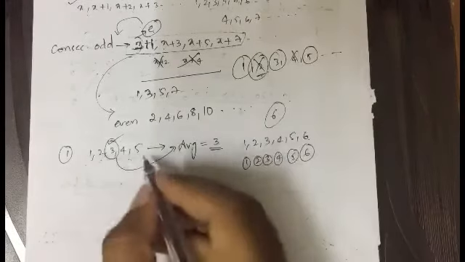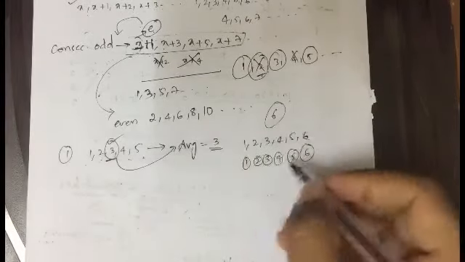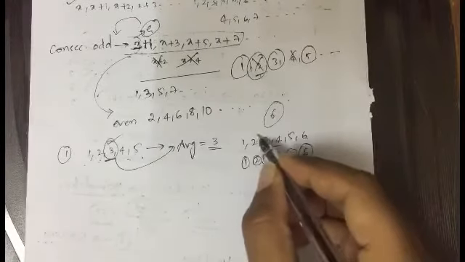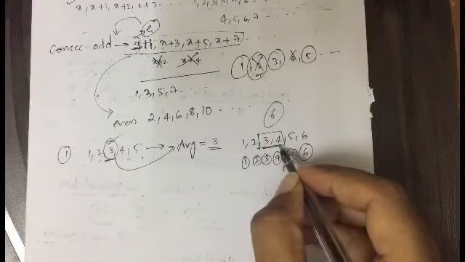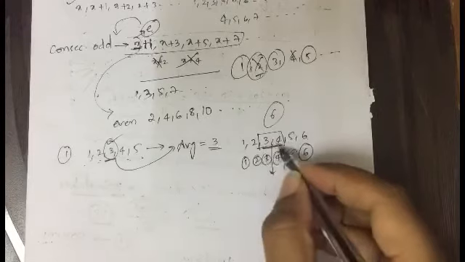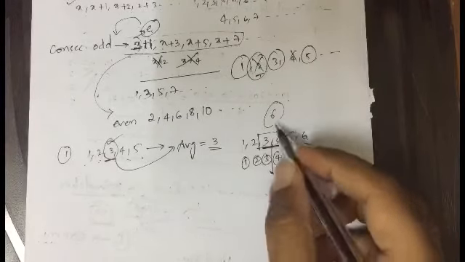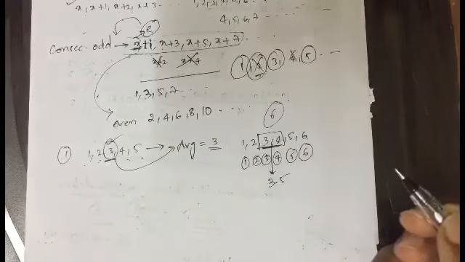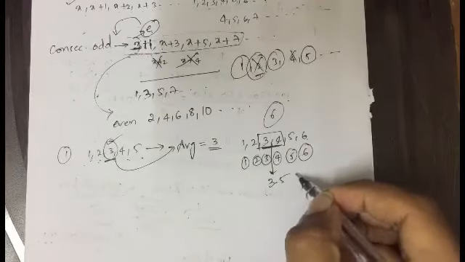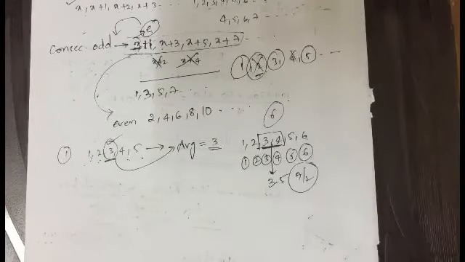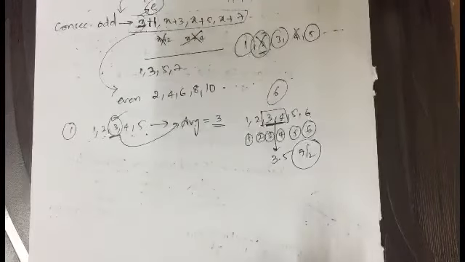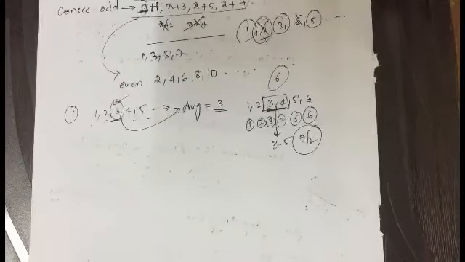Generally if you have an odd count, then the middle one is directly the average, but here you have 2 numbers in the middle position. You don't have a single number. So the average of these 2 numbers will be equal to the average of the entire list, which is simply 3.5, or you can say 7 by 2 as well. So this is how you have to find out the average of consecutive numbers.